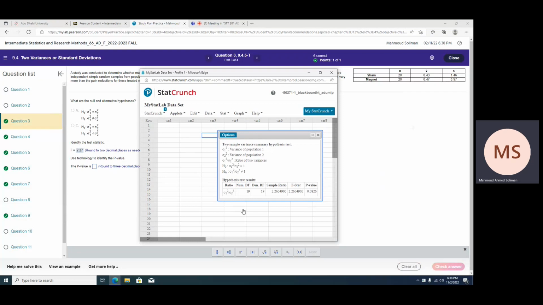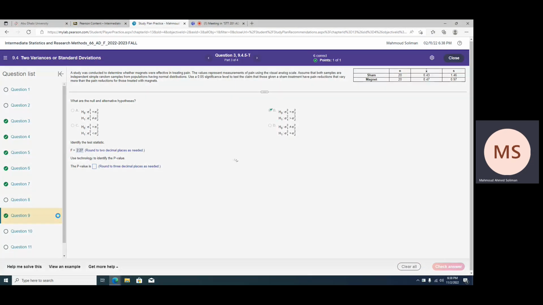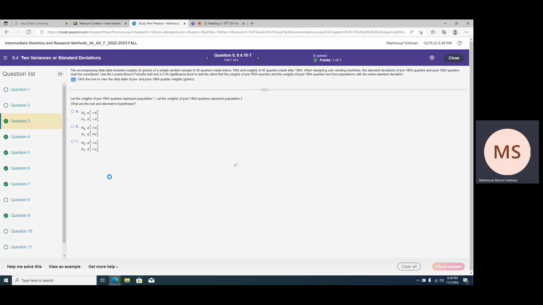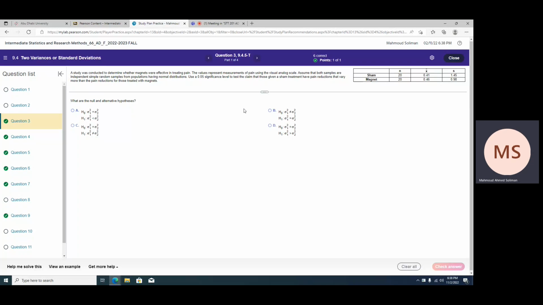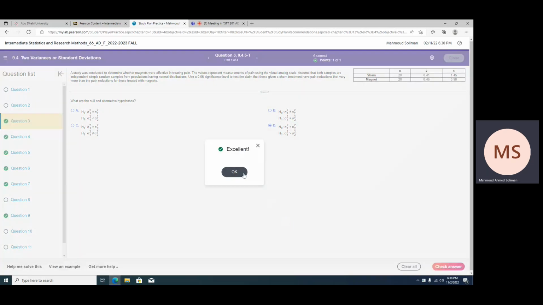Let's see. Wait, wait, I know why we got it wrong. Let me go back. We did sham greater than magnets, 1.45, right? So it's greater than, yes.